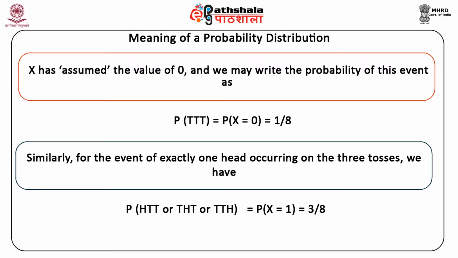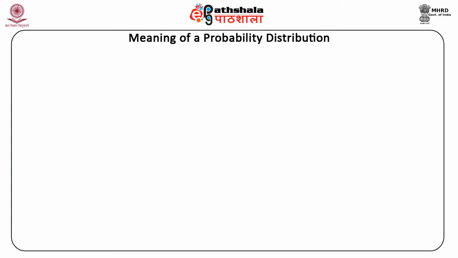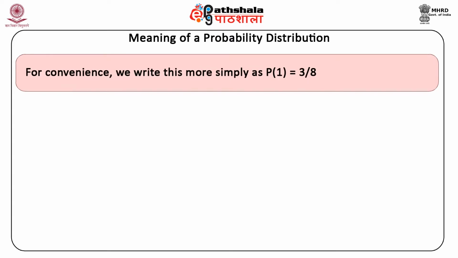And this is equal to 3/8 because each one of them has probability 1/8. Adding them together, it comes out to be 3/8. Often, for convenience, we write this more simply as P(1) = 3/8.